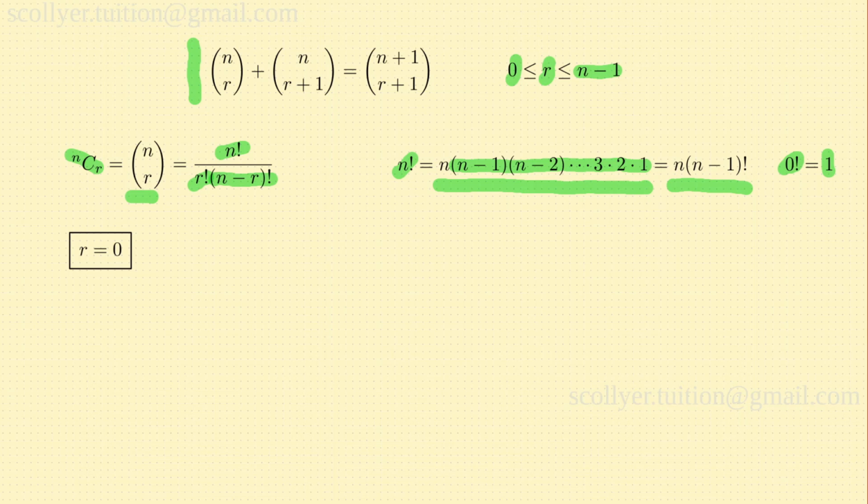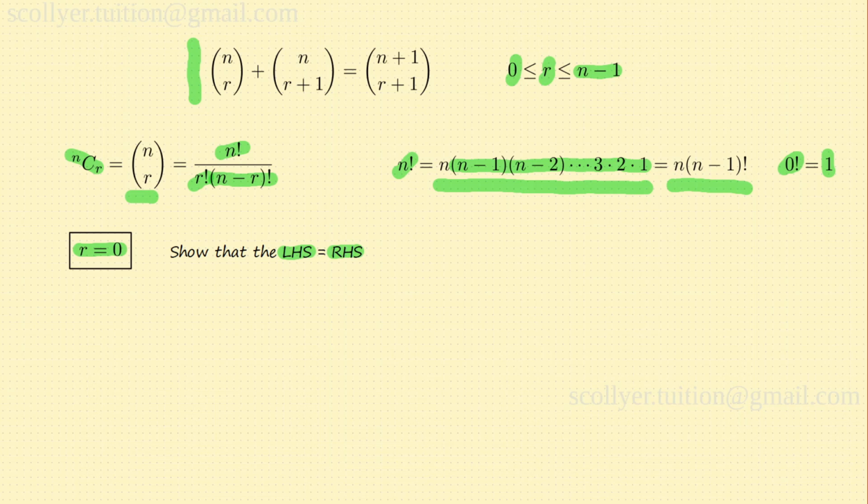Now, since n factorial has two different definitions depending on whether n is or is not 0, it's convenient to prove this relationship for the cases r equals 0 and r not equal to 0. The procedure that we shall follow will be to show that the left-hand side of the relationship can be rewritten in the same form as the right-hand side.